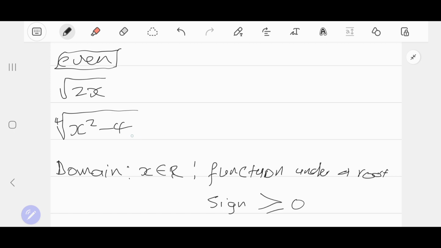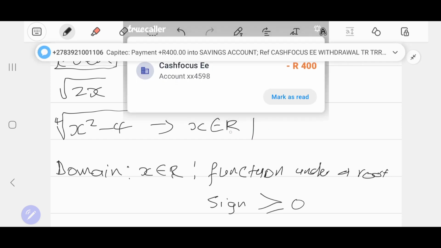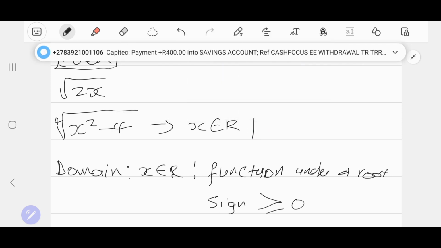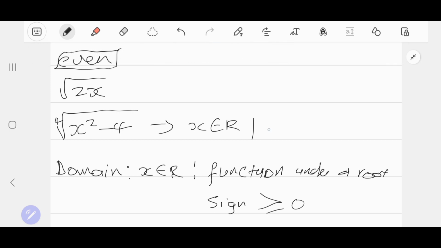So for instance, this one, x is an element of real numbers, but the most important thing is that these values must be real, but x squared minus 4 must be greater or equal to 0.